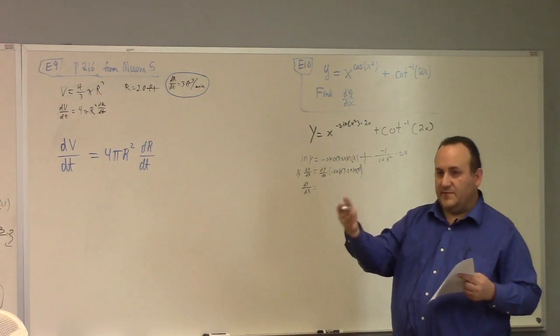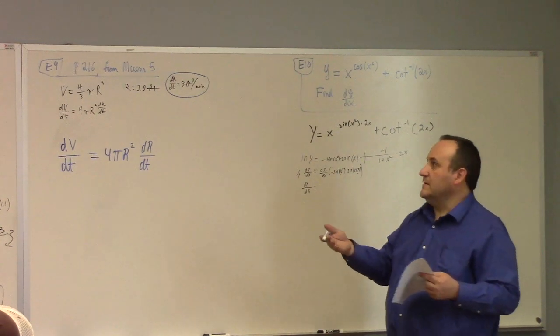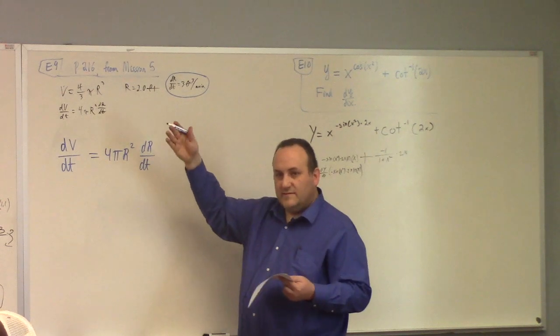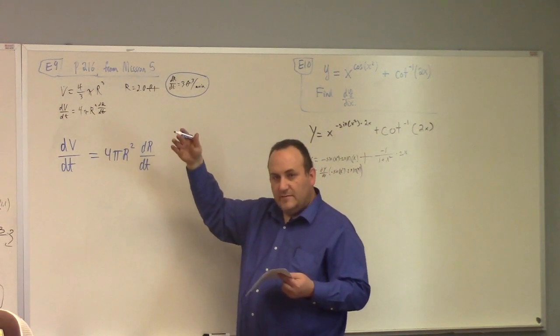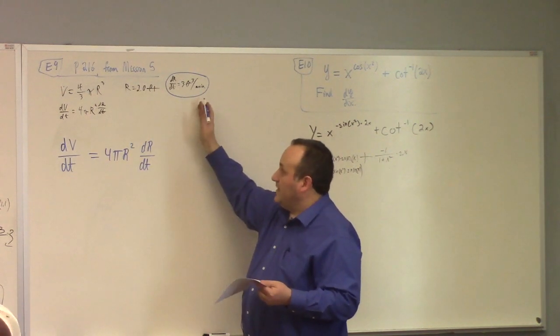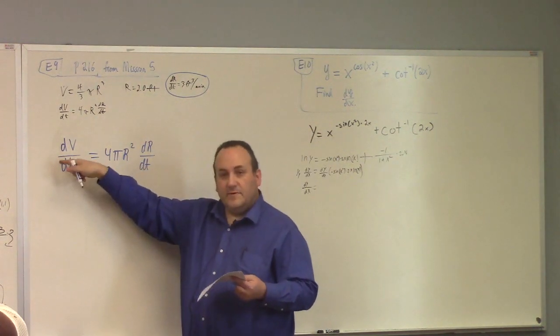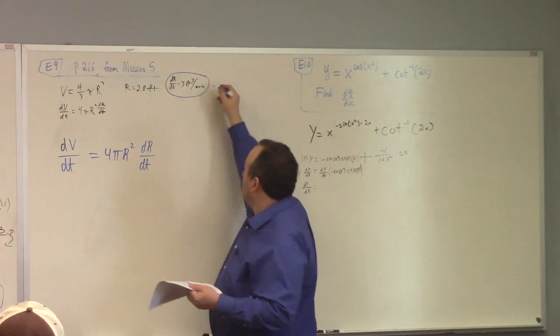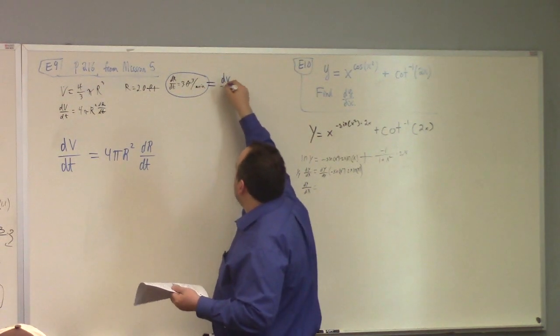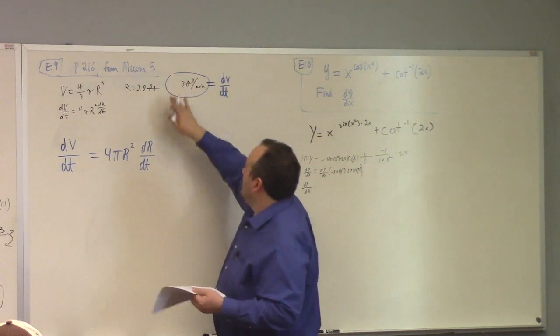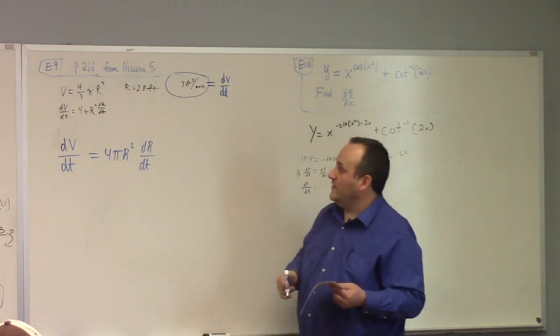It says that variables should match their units essentially. So dr/dt is a velocity, it's a rate. So it should have feet per minute. But this is feet cubed per minute, and that's the kind of units we should have on volume, right? So this is not dr/dt, it's actually dV/dt. That's what we're given. We're given dV/dt is 3 cubic feet per minute when r is equal to 2 feet.